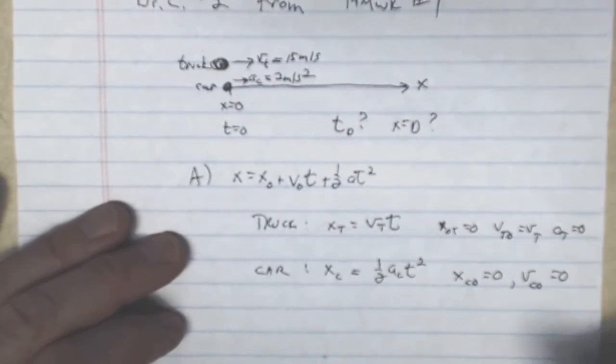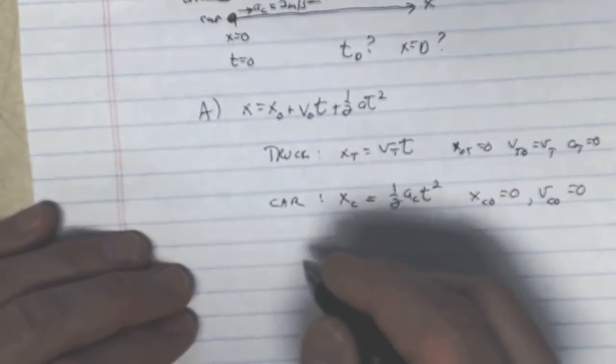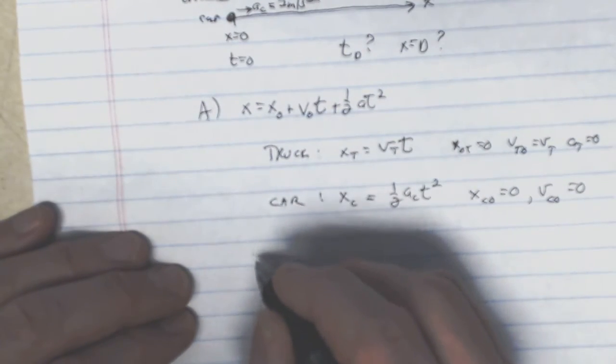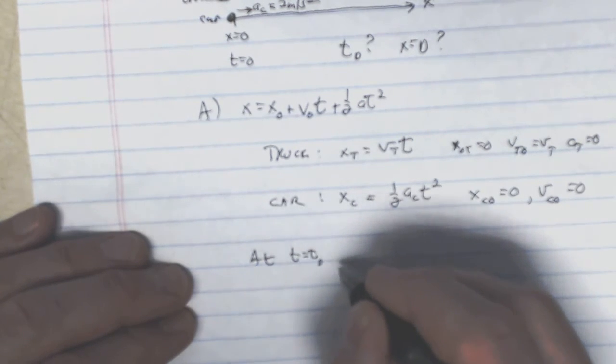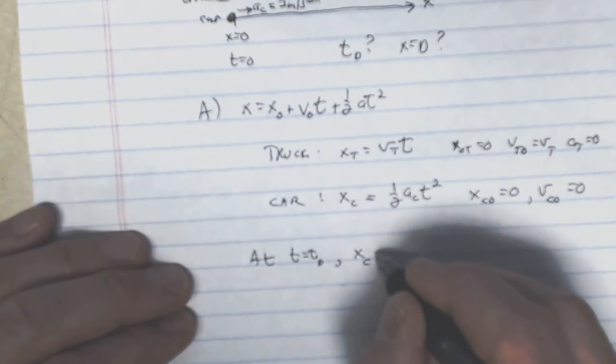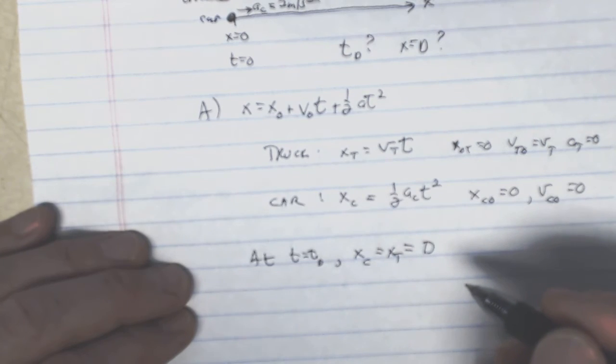So what does it mean for the car to catch up to the truck? Well, that just means they have the same position. So at t equals t sub d, at the time when they catch up to each other and are ready to pass, the position of the car equals the position of the truck, which is d, the value we're after.